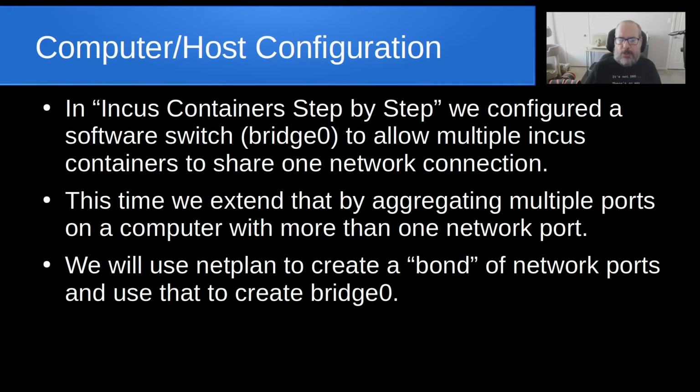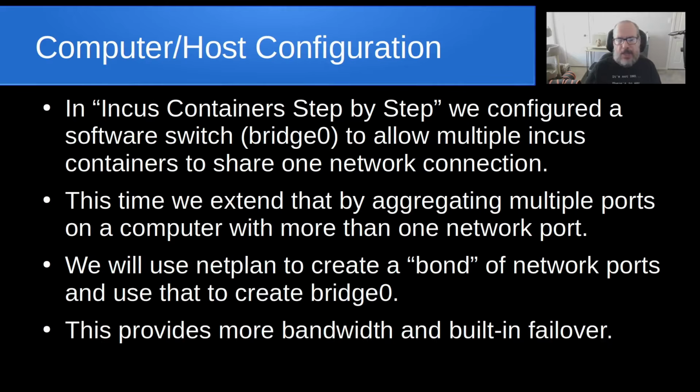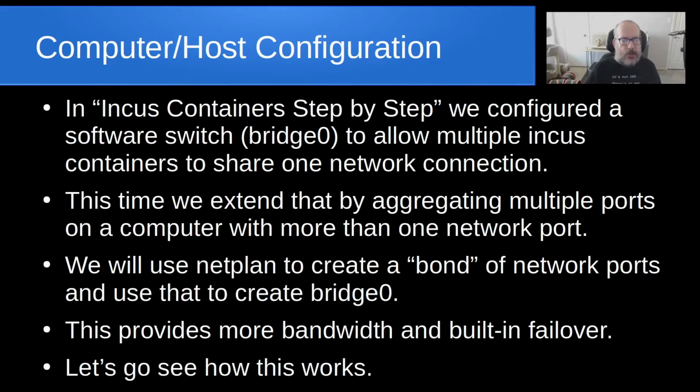We're going to use netplan to create a bond of network ports and use that to create our bridge0 device. This will provide more bandwidth as well as a built-in failover capability in the event that one of your cables goes bad or one of your Ethernet ports goes down. So let's go see how this works.